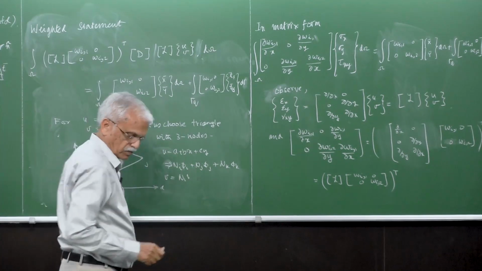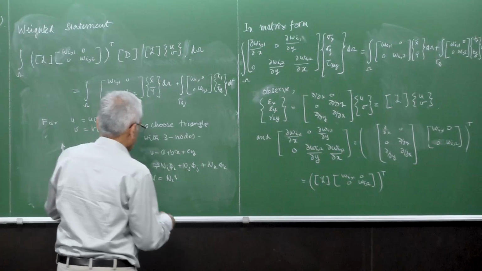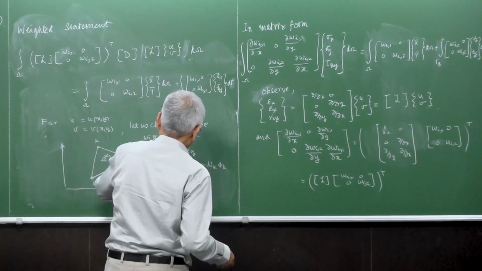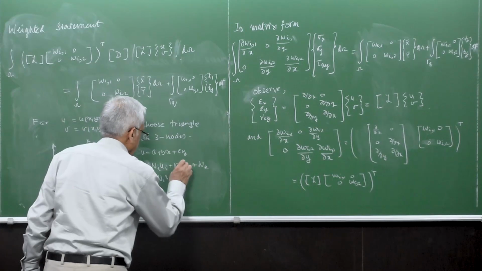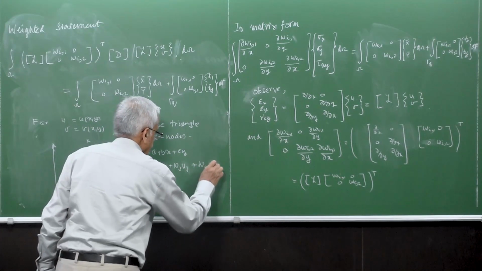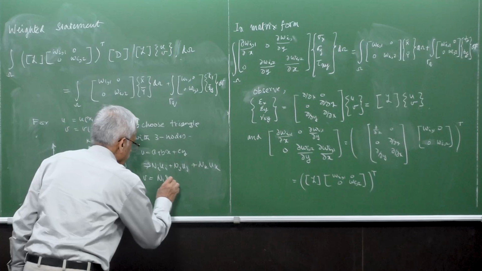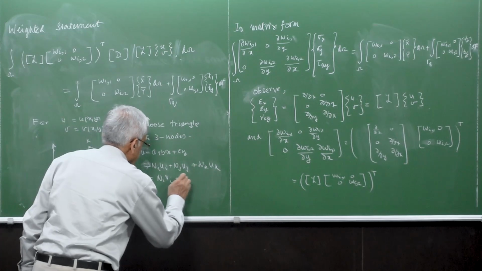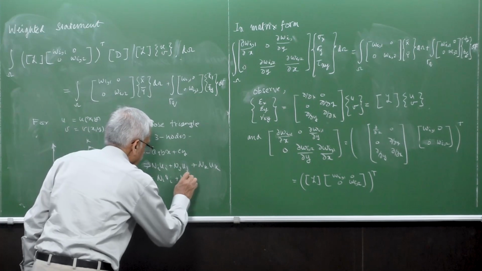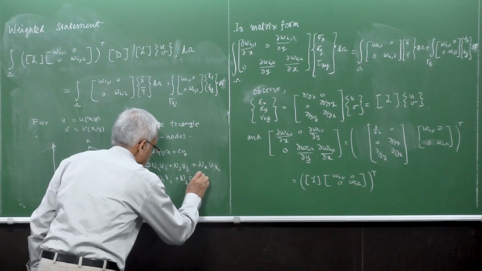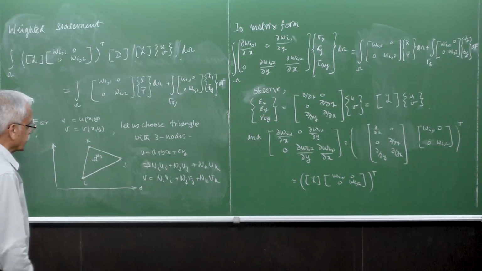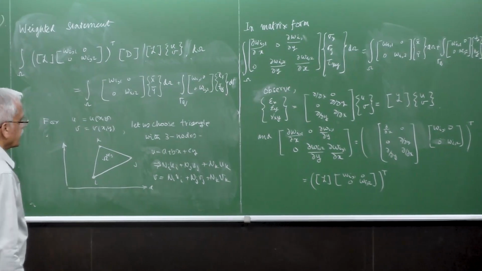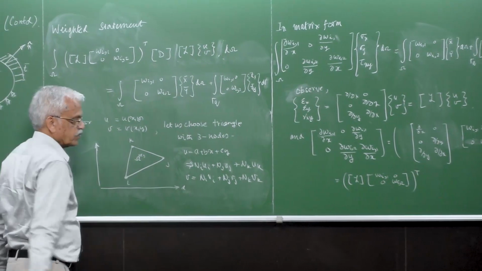Sorry, just a minute. This is not phi. It's N_i u_i. So similarly for v, okay, so this is how we can express the displacements.